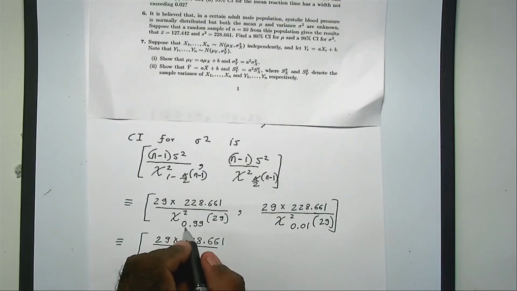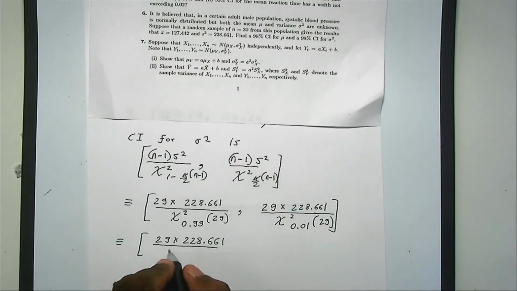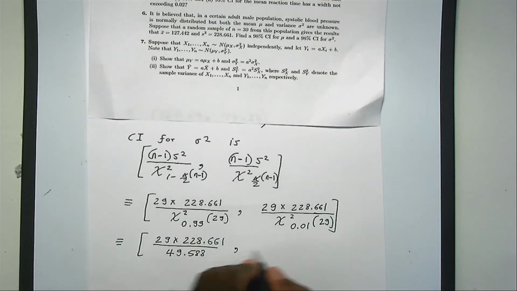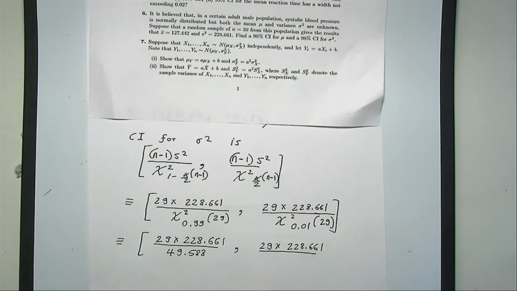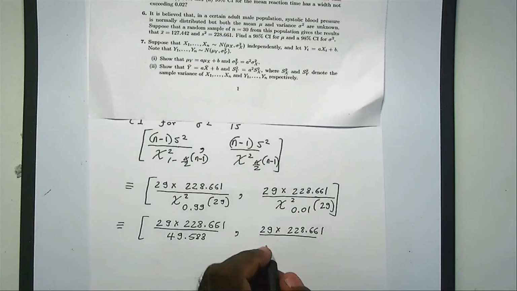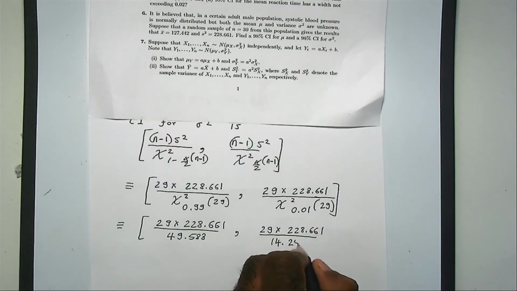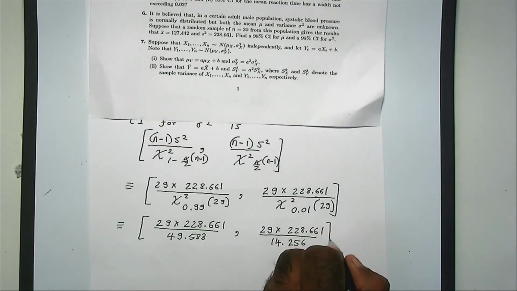So this, if you read from the table, will be 49.588. And this, if you read the table, will be 14.256.